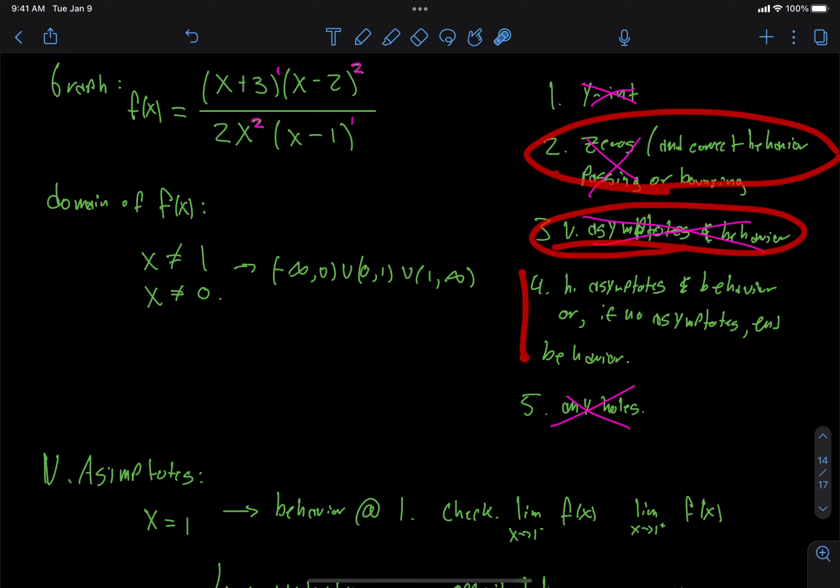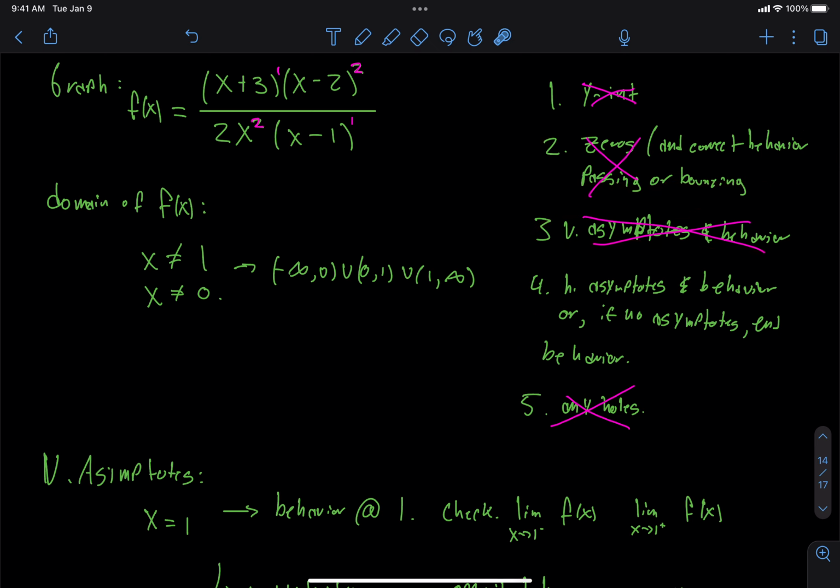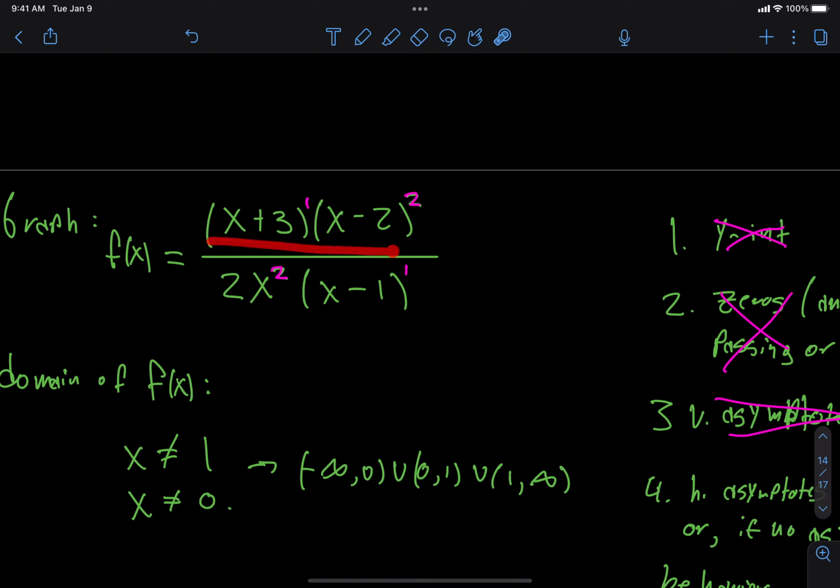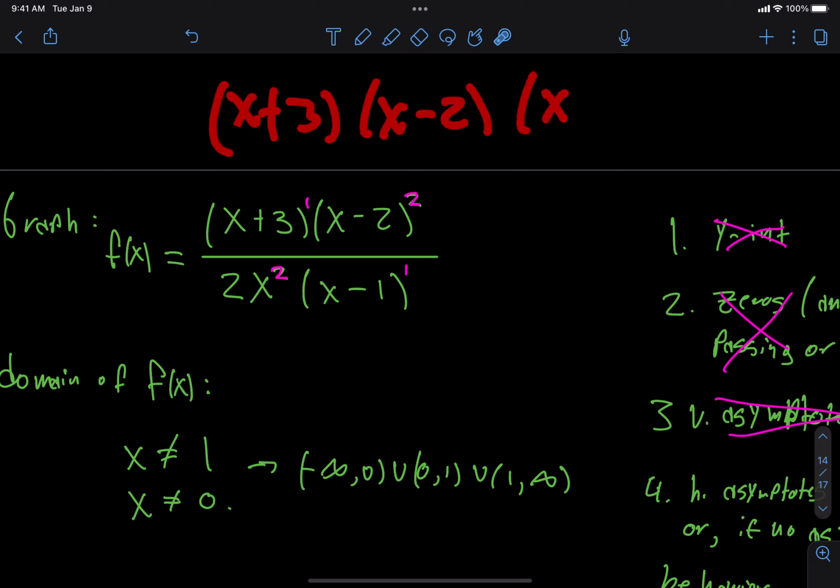Yeah, the power of the numerator versus the power of the denominator, or the degree is the word we use. What is the degree of the numerator here? This is a polynomial of degree what? So actually what you would want to do is FOIL this out. This looks like x plus 3 times x minus 2 times x minus 2.